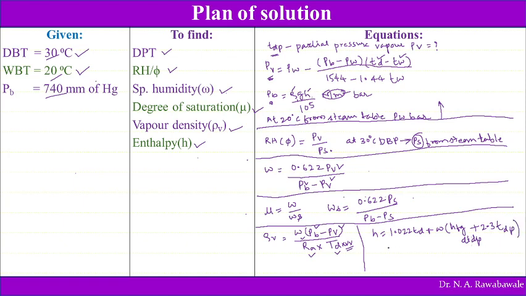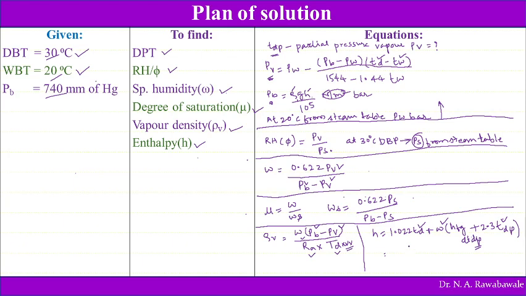So this gives us enthalpy. Omega is known. HFG at dew point temperature can be taken from the steam table. Dew point temperature is also known, which is already calculated in the first step itself. So everything is known. Dry bulb temperature is known. H can be obtained. So let us start to solve this problem slowly.